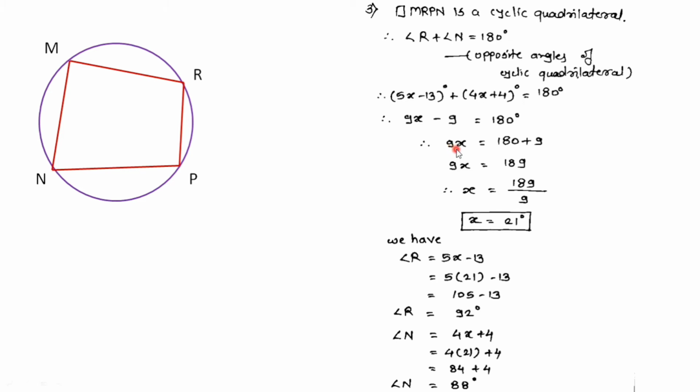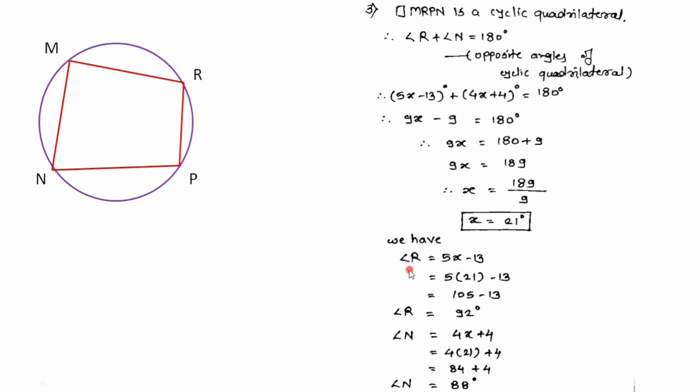So on the left hand side, we will have 9x. We will transfer minus 9 to the right hand side to get 180 plus 9. So 9x is equal to 189. That is, x is equal to 189 divided by 9. Now if we divide 189 by 9, on simplifying, we'll get x is equal to 21 degrees.